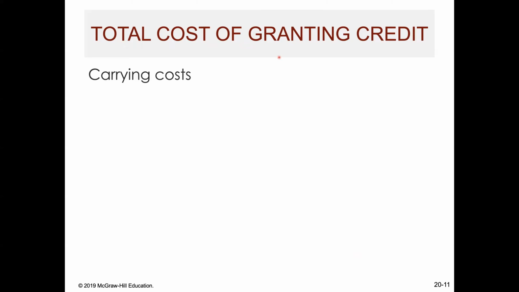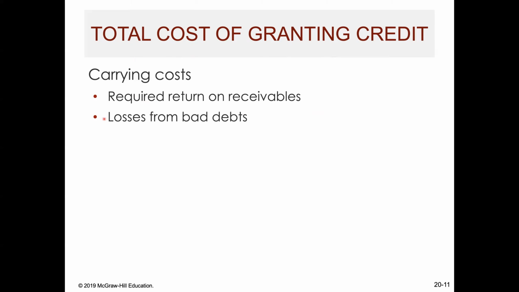There is a cost of granting credit, and we're going to discuss two types of costs that make up the total cost of granting credit. The first one is called carrying costs. Carrying costs are made up of the required return on receivables. In the previous example, that was 1.5%. We are financing those receivables. Losses from bad debts.